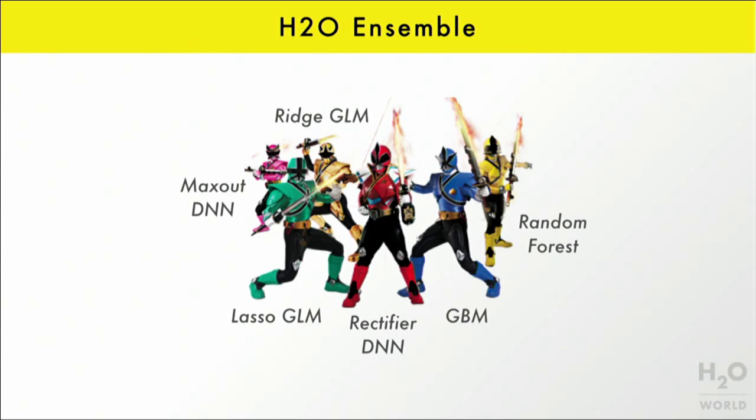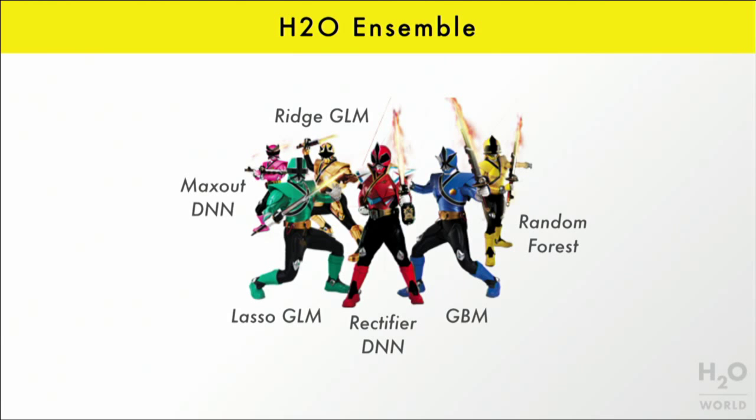Okay, so now I'm going to talk a little bit about the H2O Ensemble, which is the H2O implementation of Super Learner. So this is sort of how I like to think about the Super Learner. There's all these different, powerful beings, and they each have their own unique skill set.